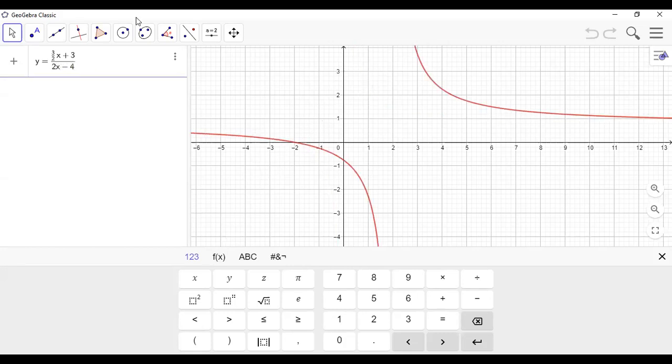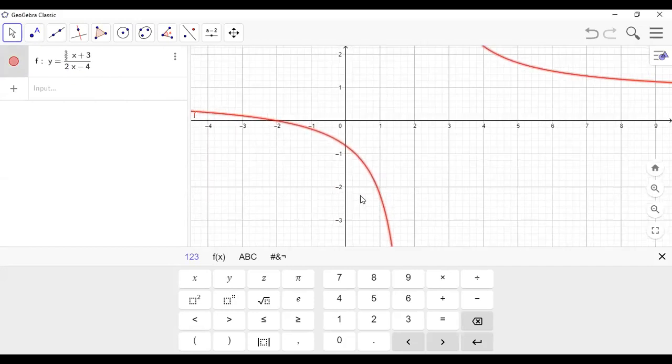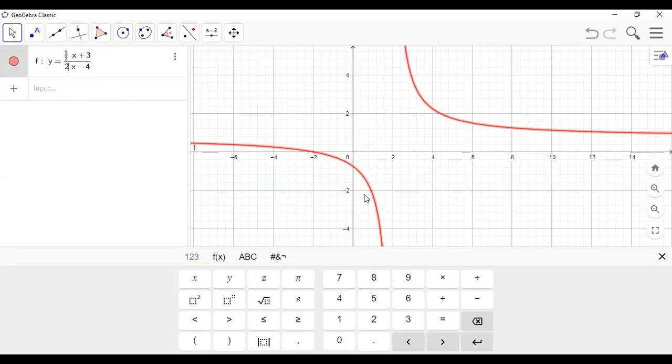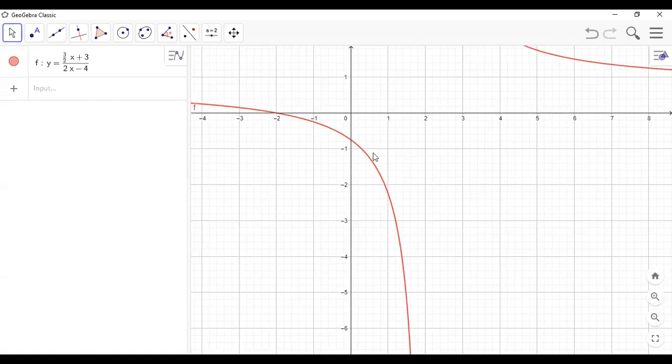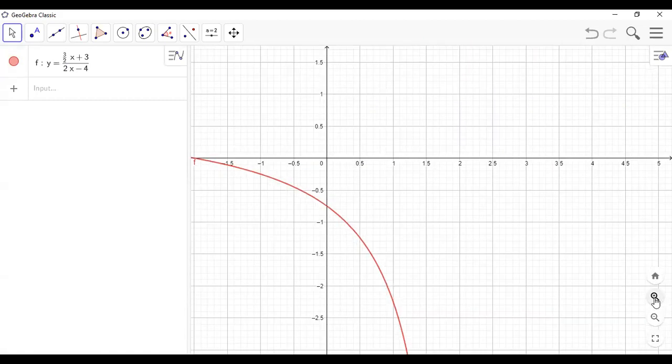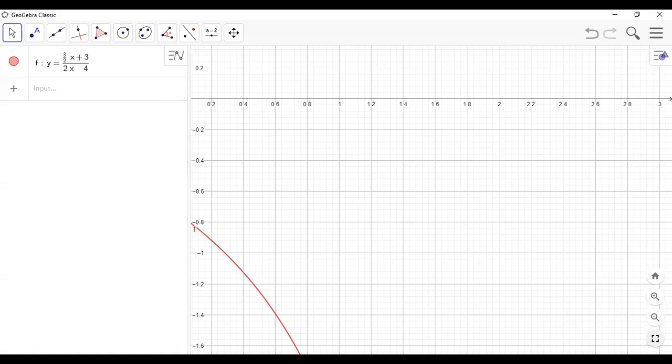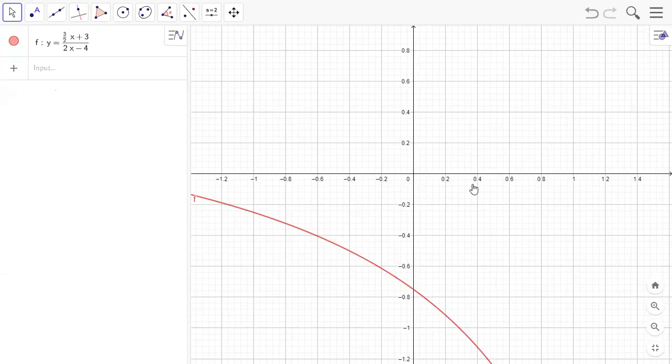Tama ba? Plus 3. Tapos 2x minus 4. Wait lang. Ayan, nakitaan na. Wait lang ha. Zoom in ko lang.